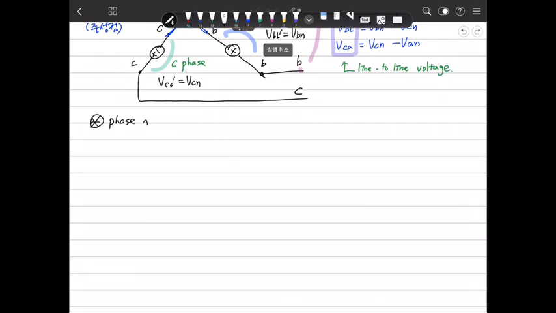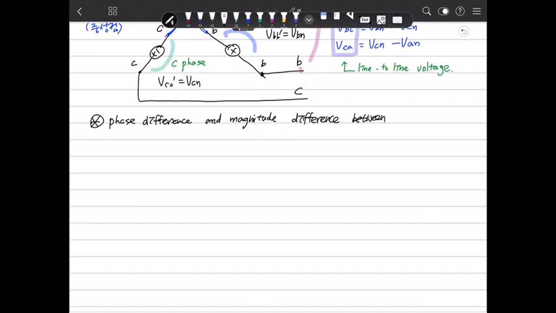There's a difference, and magnitude difference between phase voltage and line-to-line voltage.